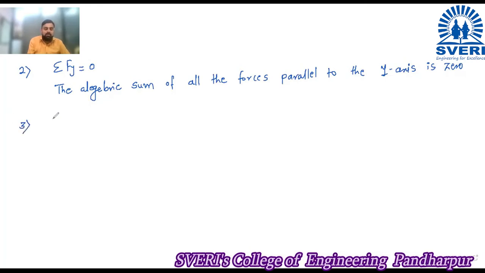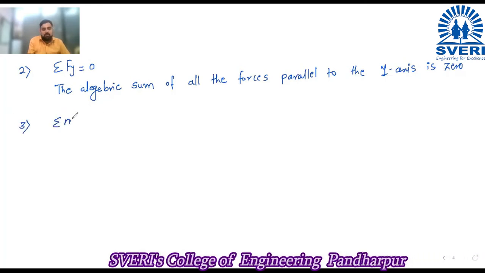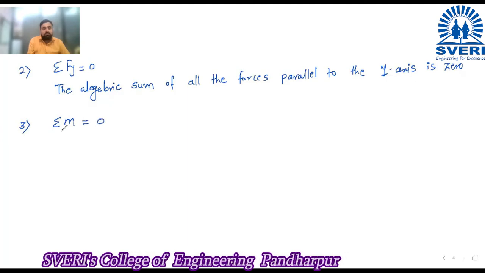And the third equation is summation M is equal to 0.